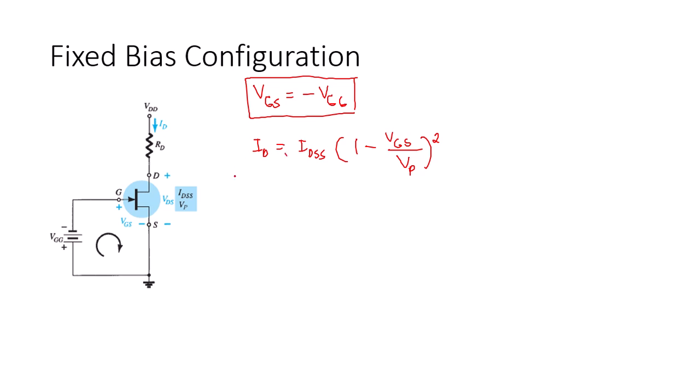That's it. So for the value of VDS, the drain to source voltage of the output section, VDS can be obtained by applying Kirchhoff's voltage law again, beginning from VDD going in that direction.